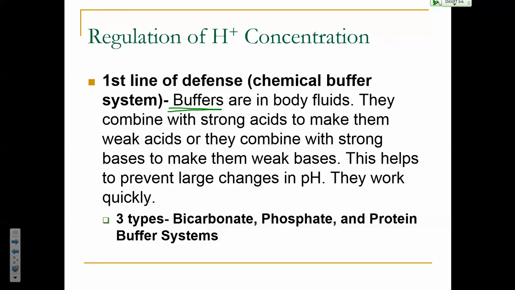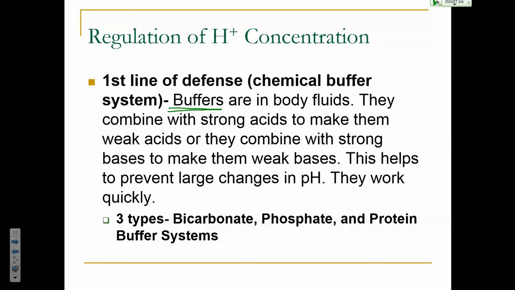Because it basically combines with strong acids to cause them to become weak acids, so they don't ionize as much. Or they could combine with a strong base to make it a weak base. They don't combine with an acid and change it into a base, though, or vice versa. So they make a strong acid a weak acid, or a strong base a weak base. So do these chemical buffers prevent a change of pH? The answer is no. They just make it less drastic of a change.